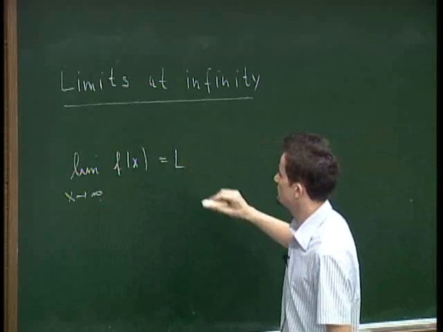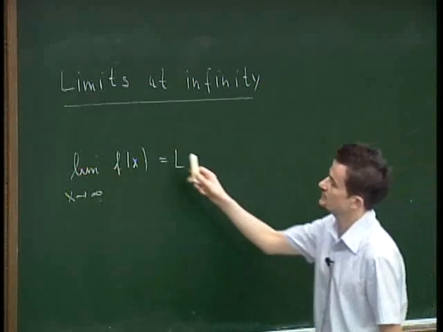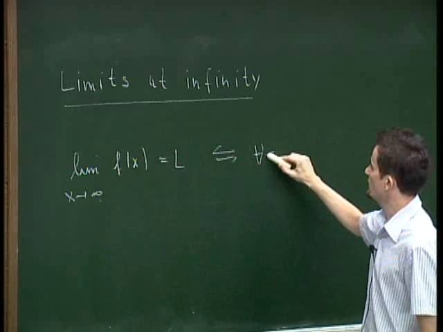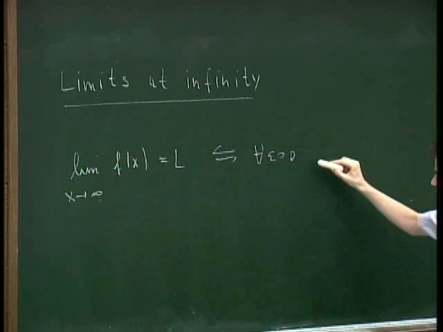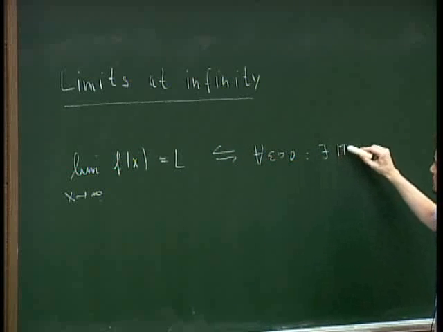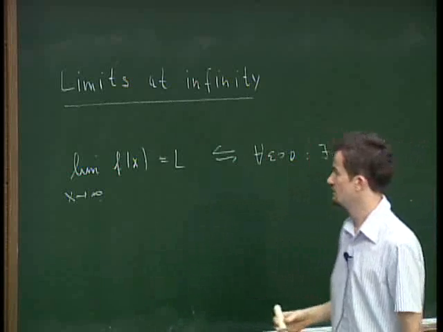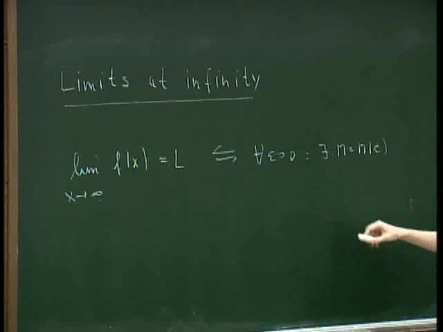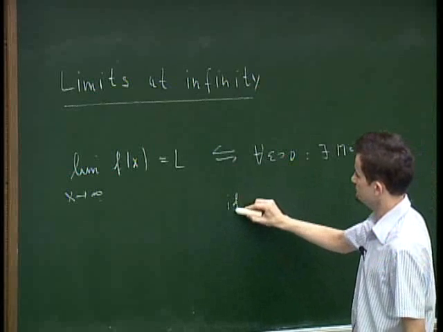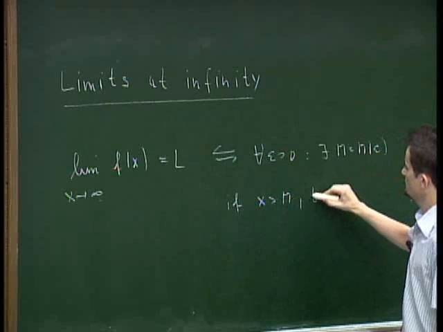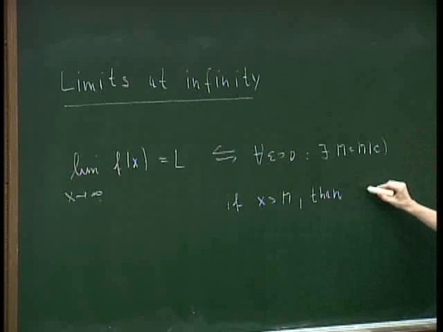The meaning of this symbol is that for all epsilon larger than 0, I can find some M, which might depend on epsilon, some index or some large number, such that if x is larger than this M, then the distance between f of x and L is smaller or equal than epsilon.